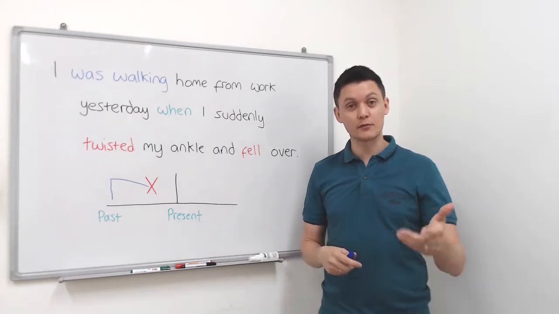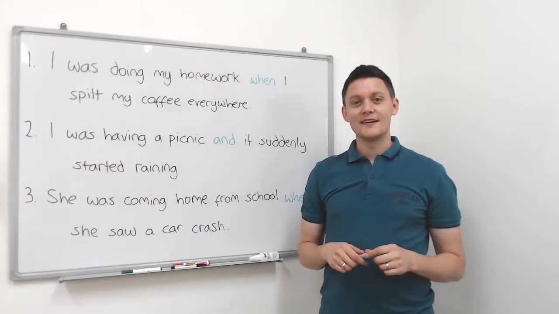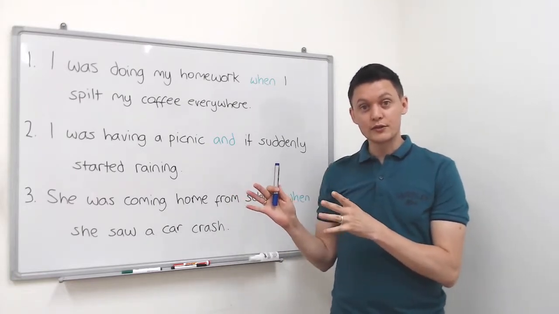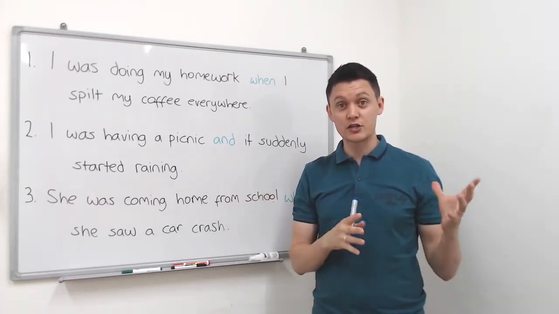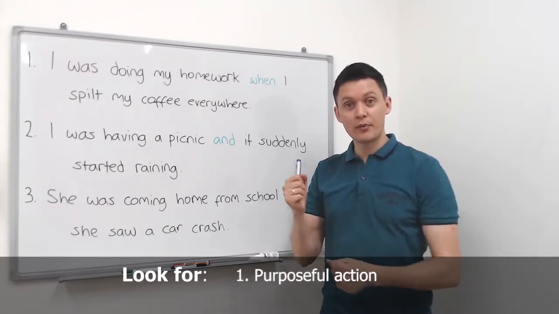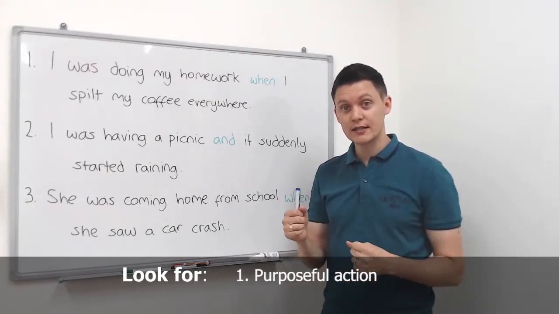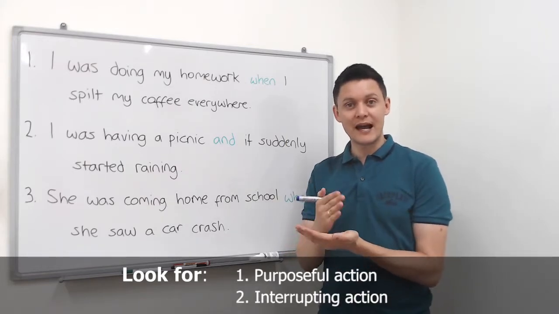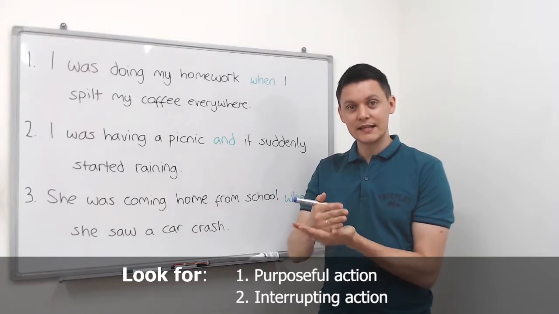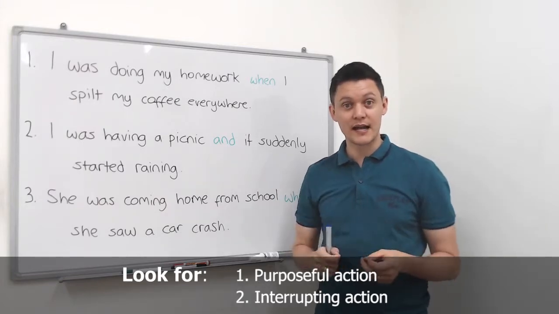Now let's look at it in some common examples. Okay, here are my examples. When we look at these examples, let's look for two things that I mentioned before. We're looking for an action we're doing on purpose, purposeful action, and then an interrupting action that is probably an accident, and it interrupts the first action.